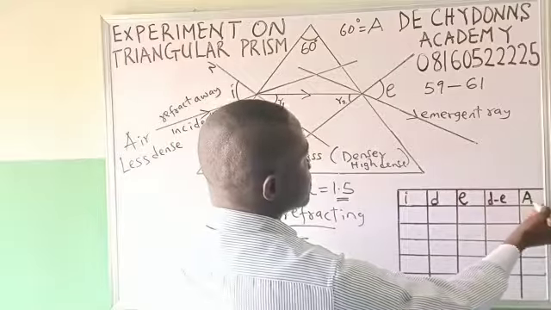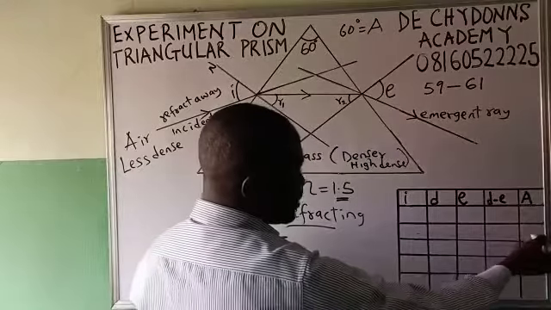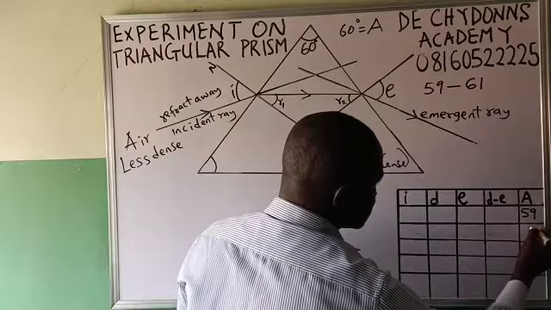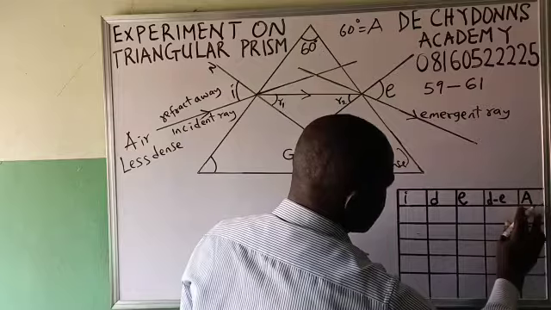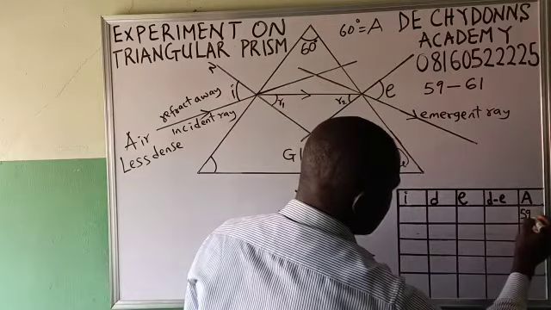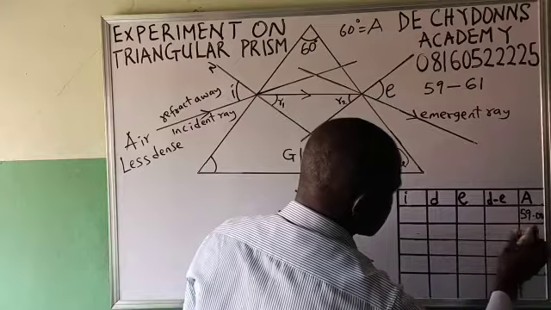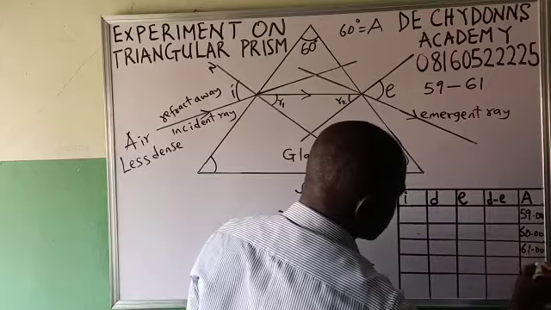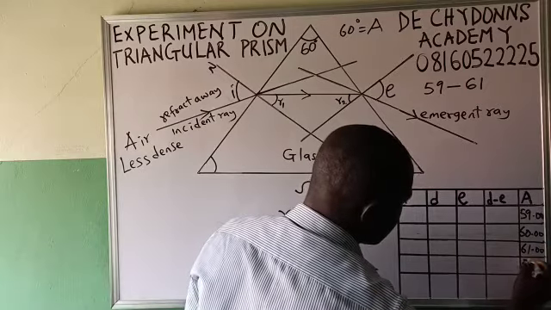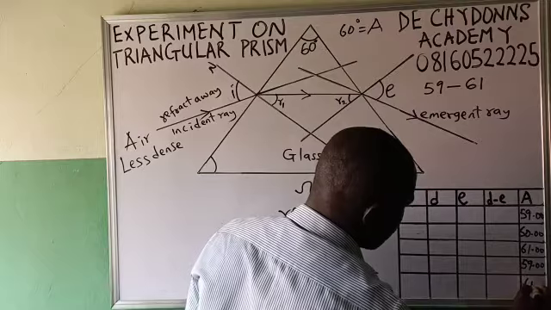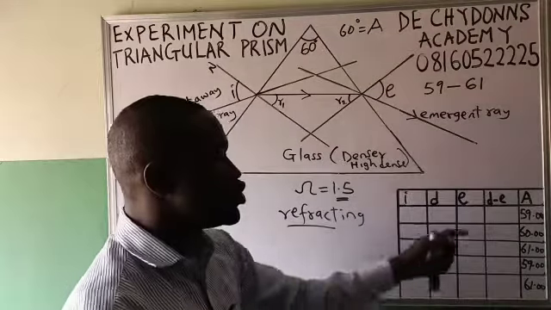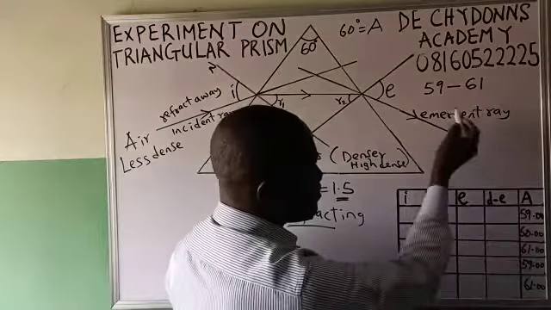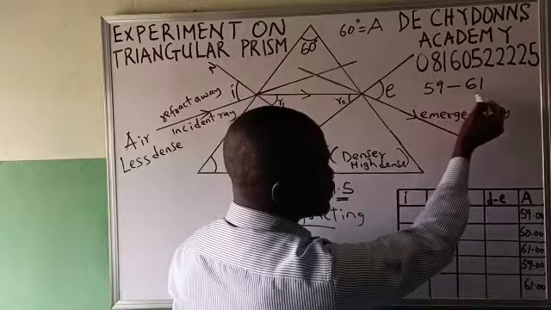So at this point that they asked us to write the angle we got here, you can write 59, 60, 59.00, 60.00, 61.00. Then you can also write 59.00 and 61.00. Why you choose it this way is, remember I said it falls between 59 to 61.